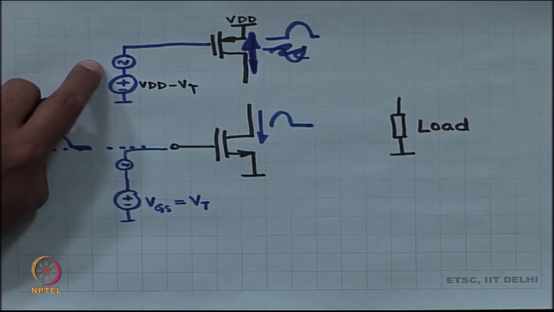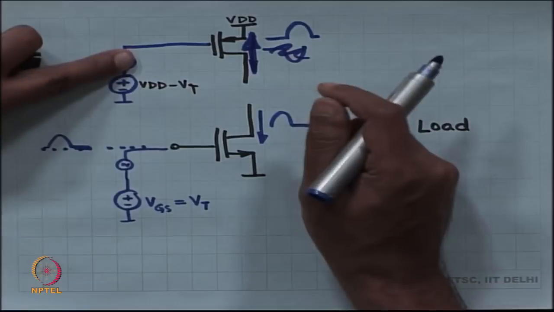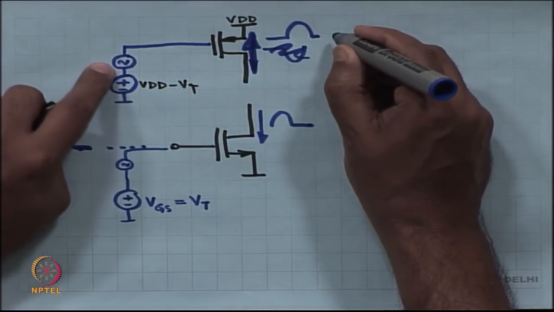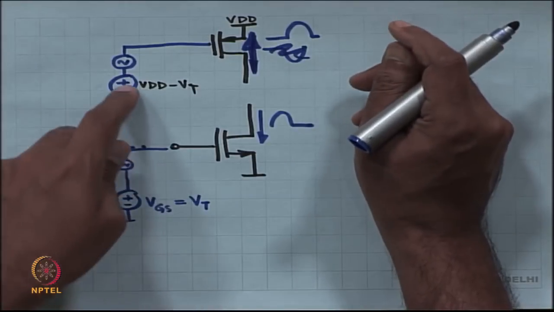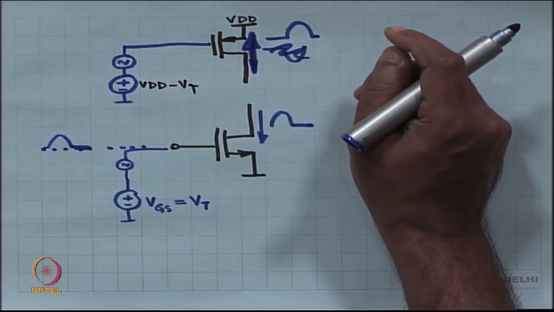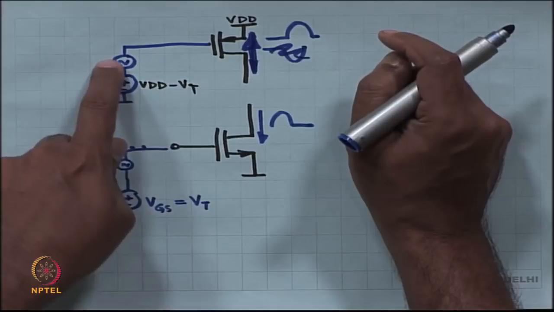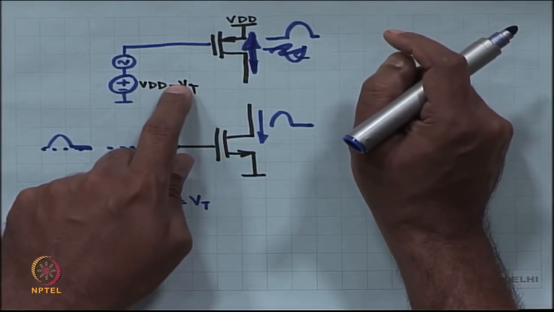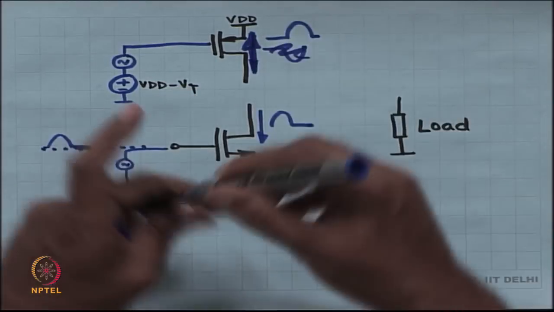Okay. So, this is the current waveform. If the signal is 0, there is no current. Sorry, if the signal goes up there is no current, but when the signal goes down, I am sorry, these arrows are all wrong.